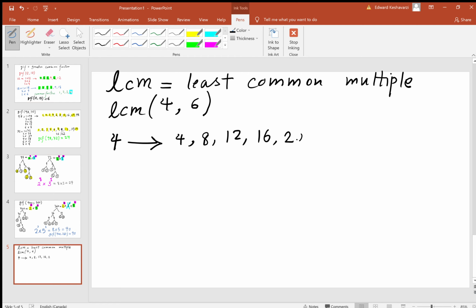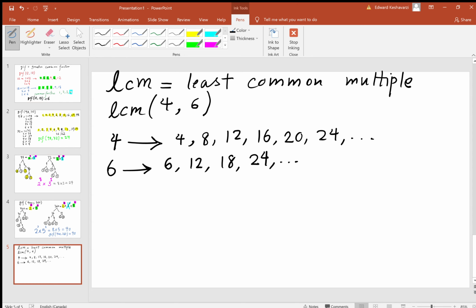So 20, 24, and etc. I'm going to write here the multiples of 6. So 6 times 1, 6 times 2, 12, 6 times 3, 18, 6 times 4, 24, and so on.